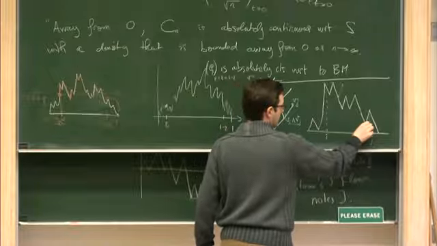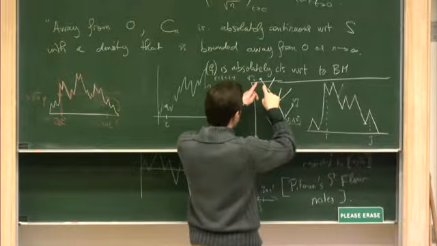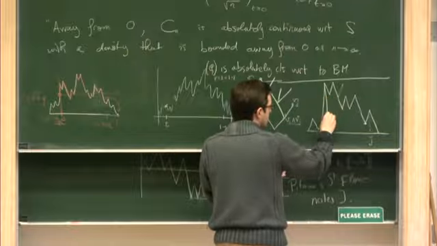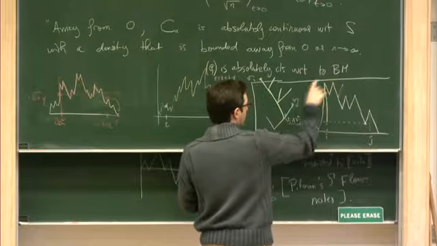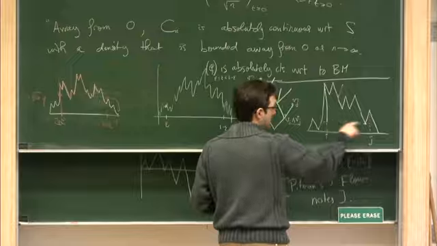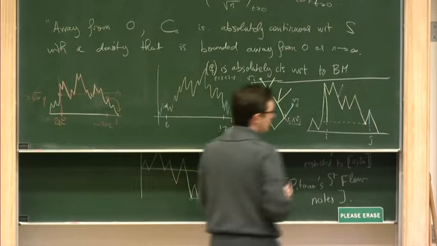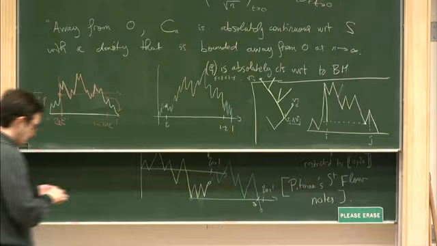Another way to say it is that the distance between Vi and Vj is the sum of the length of the segment from the value taken at i down to the minimum between i and j, plus the length of the segment where you go from the minimum up to the value taken at j.